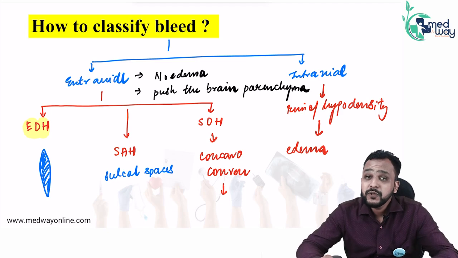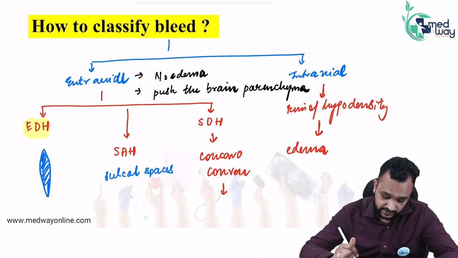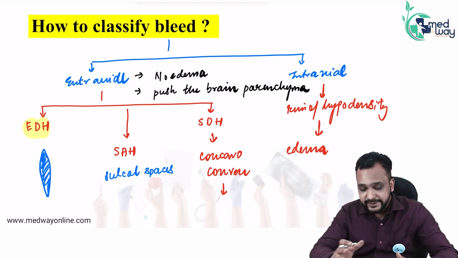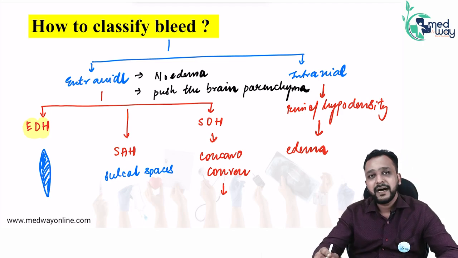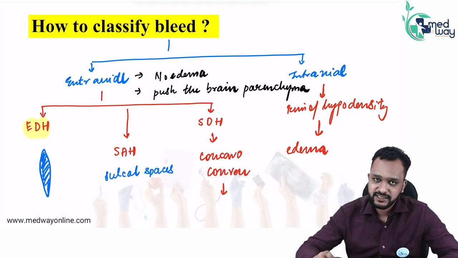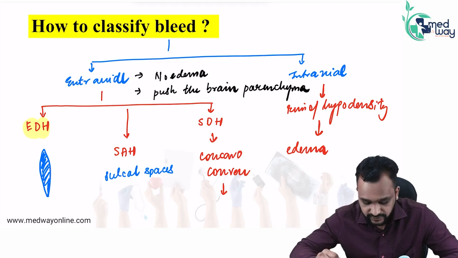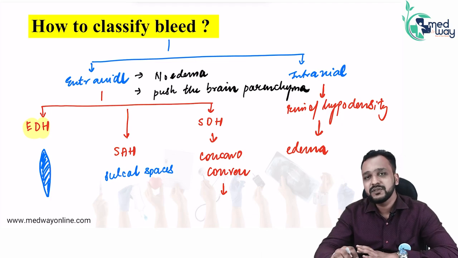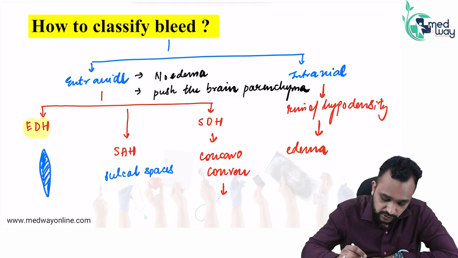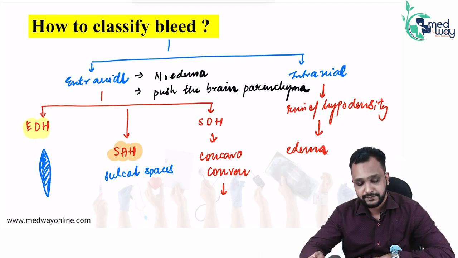Now how to identify an extradural, subarachnoid or subdural hemorrhage? All these bleeds have characteristic shapes. The extradural hemorrhage is going to have a biconvex or lens shape. Subdural hemorrhage has a concavo-convex shape. And if there are hyperdensities along the basal cisterns or sulcal spaces, you are going to suspect a subarachnoid hemorrhage.